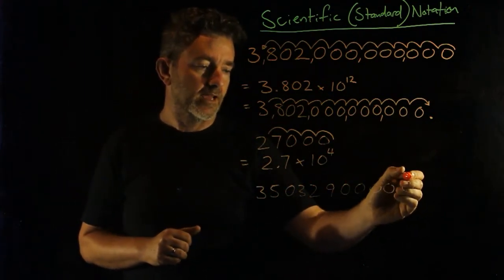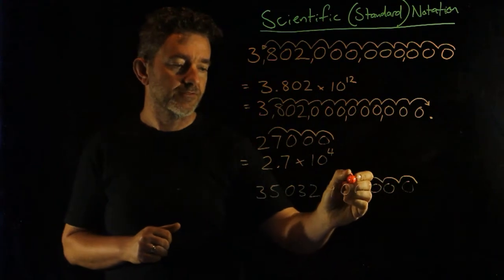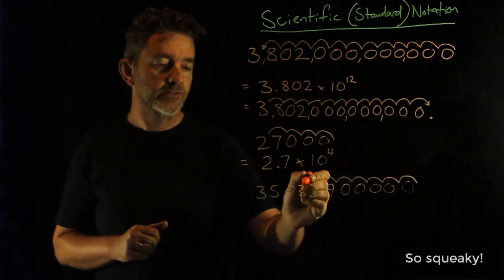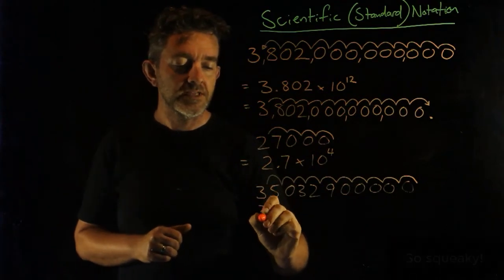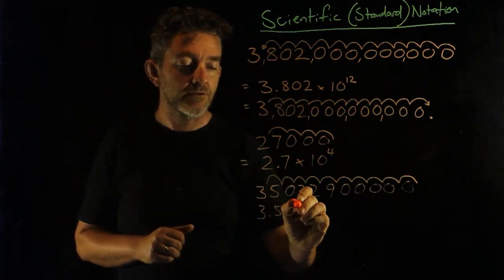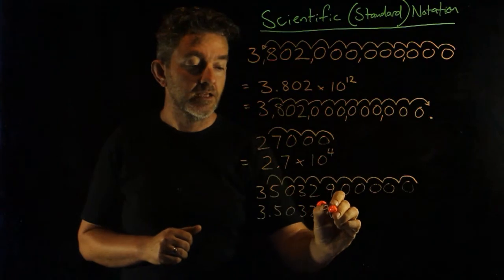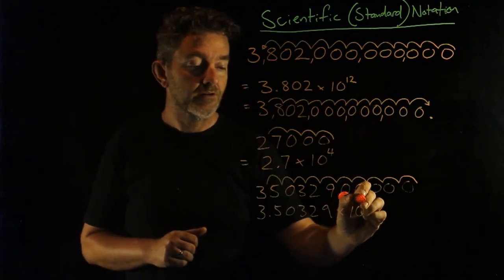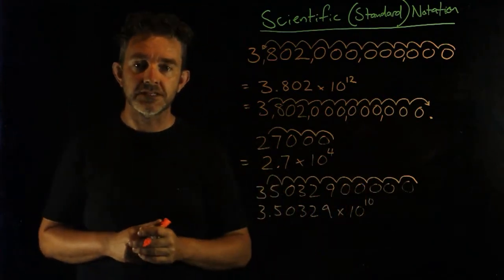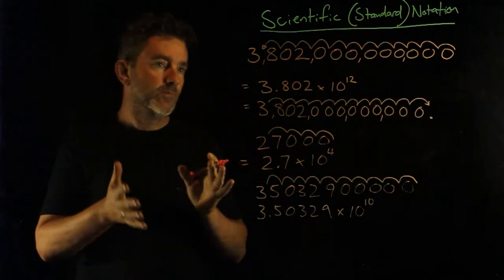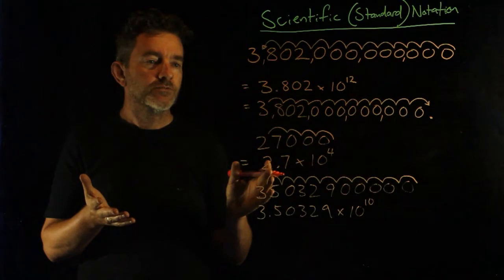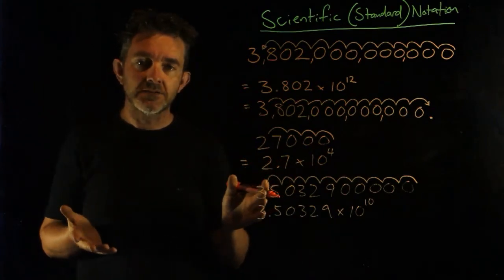And I do this to work it out: 1, 2, 3, 4, 5, 6, 7, 8, 9, 10. 3.5039 times 10 to the power of 10, because that's how many jumps I did. So this is the most basic way of changing from one type to the other.